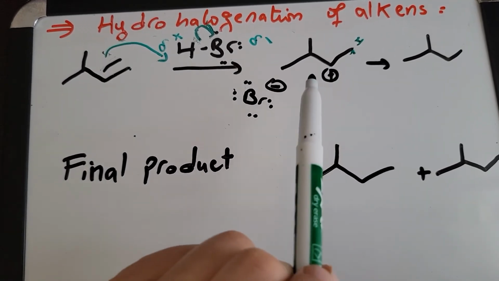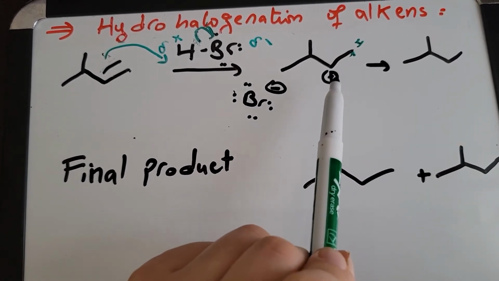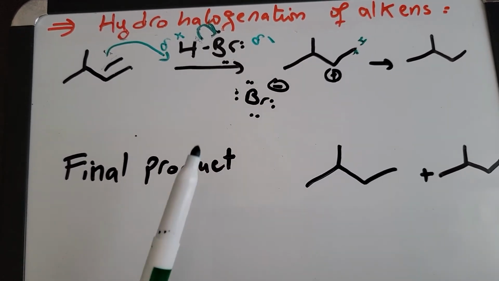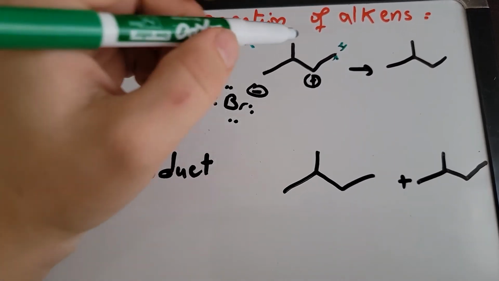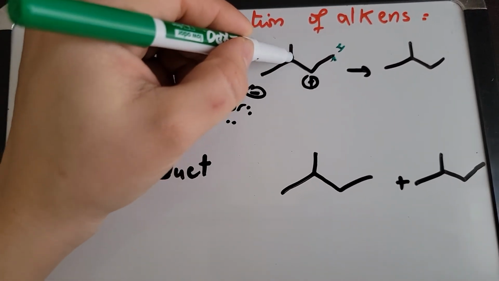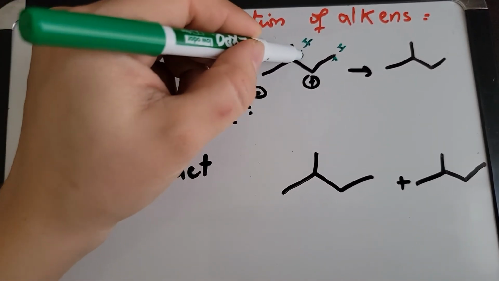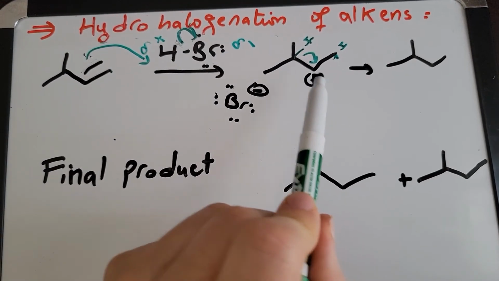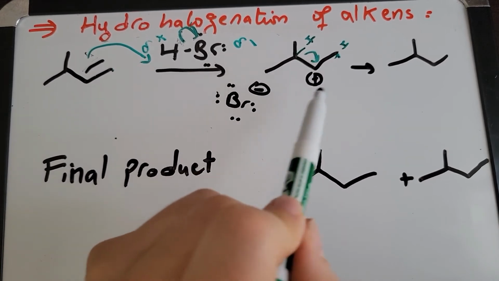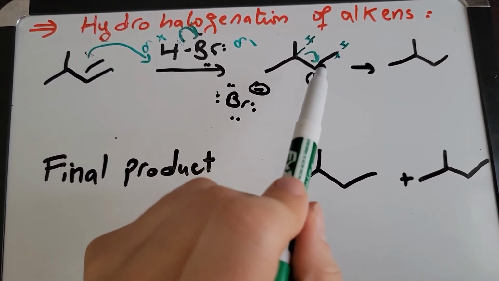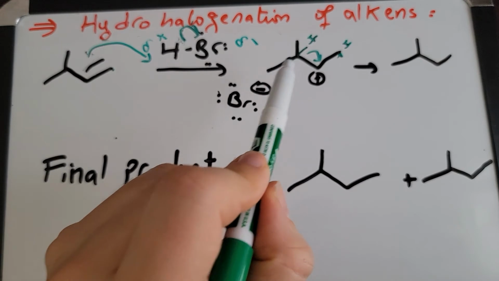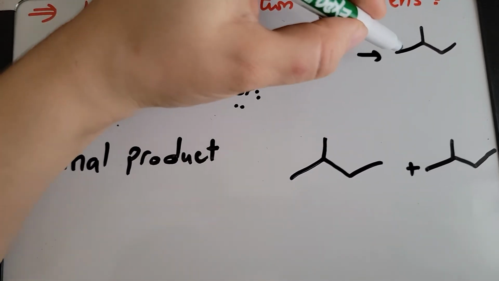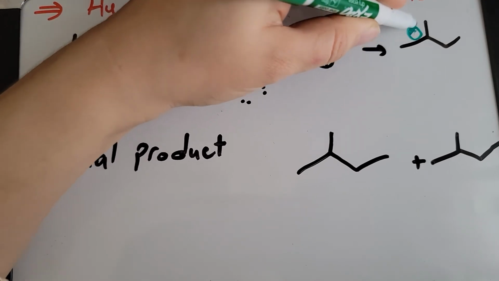But here, since we have the option of making it more stable by doing what's called the hydride shift, here we have a hydrogen that will shift into the secondary carbocation and make it very stable. We'll have a tertiary carbon here which will lack one bond, making it a tertiary carbocation.